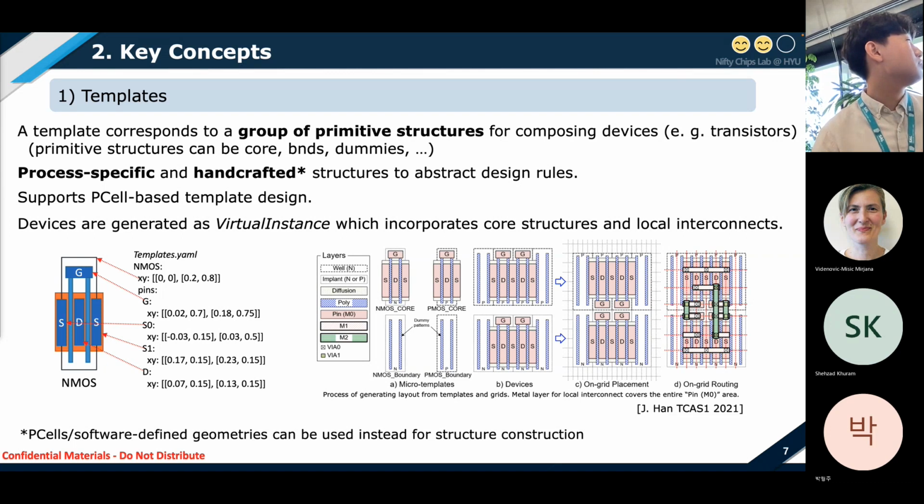LAYGO2 manages templates and grids with YAML formatted files. For example, the primitive cell name of NMOS is defined like this figure. The size, pin names, and locations are defined as a 2x2 matrix. The detailed explanation will be given by other presenters.